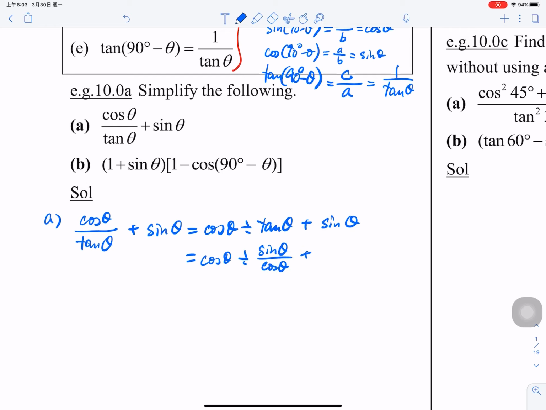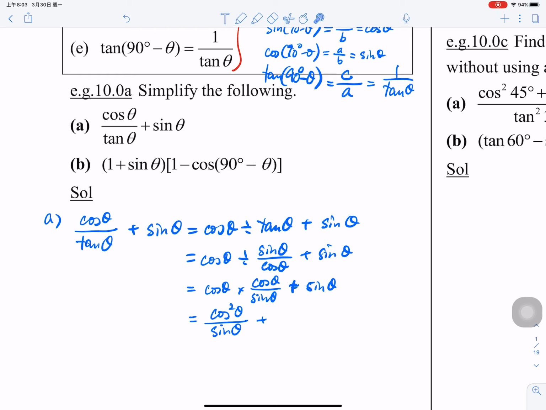Right. So rewrite it. It becomes cosine theta times cosine theta over sine theta. So this one is cosine square theta over sine theta. And here is sine theta, right?